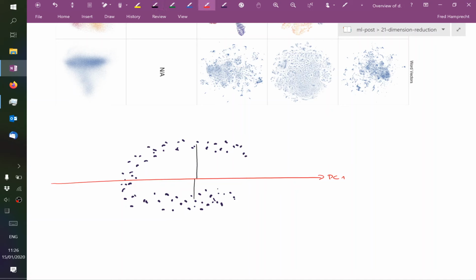So that's an example of a method which would be too stiff. And the effect is that faraway points get mapped to nearby locations.